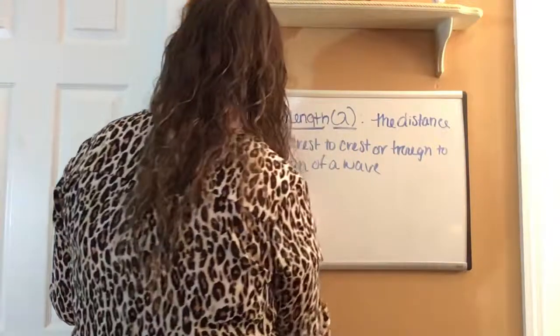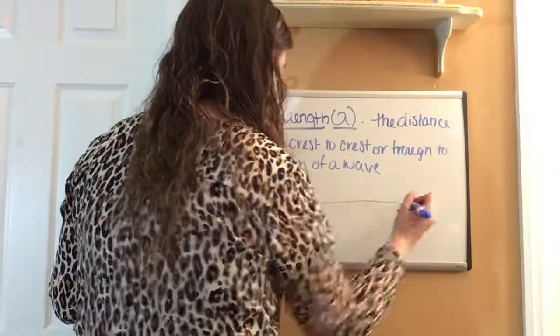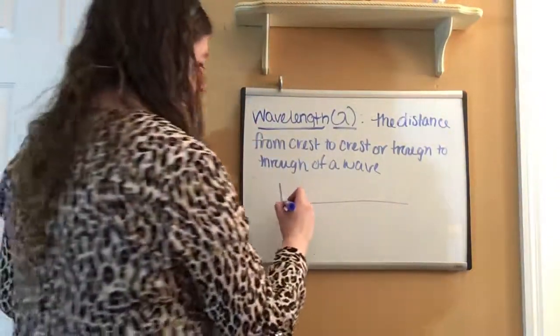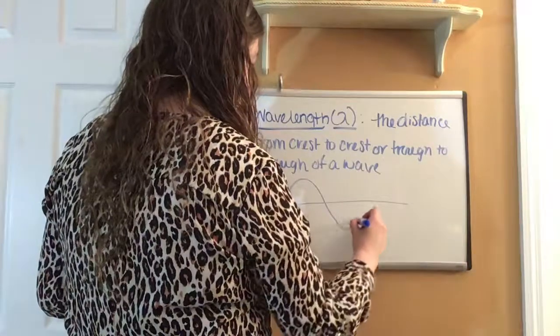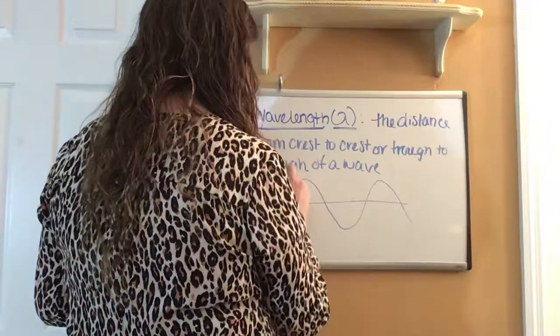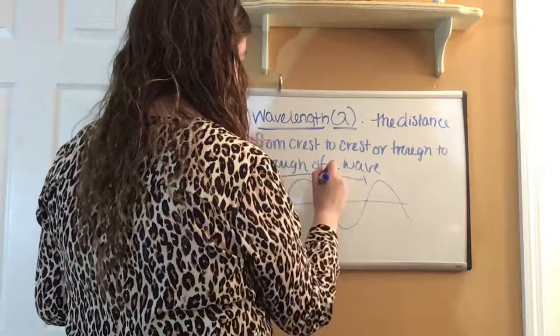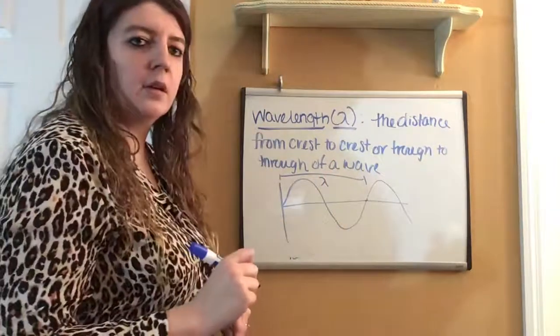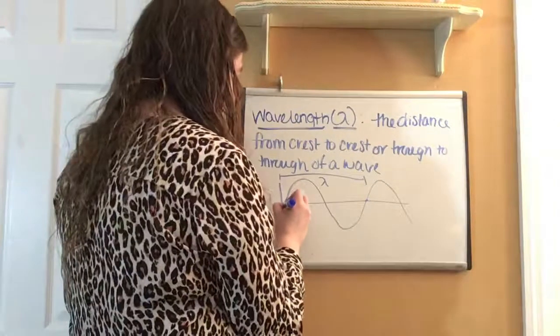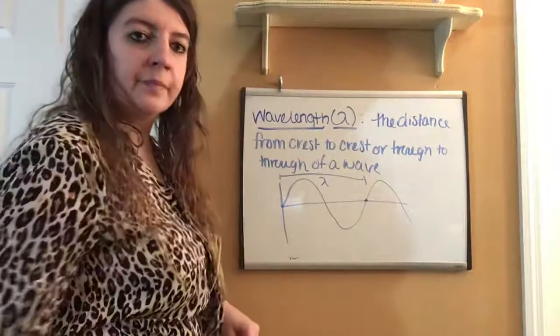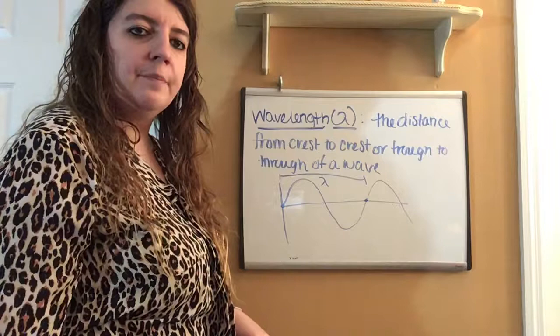So if I'm drawing my waves, okay? I'm going to go like this. So the wavelength is from here to here. So where my start and where my stopping point is, okay? So from here to here. Everybody understand that? That's going to be my wavelength.